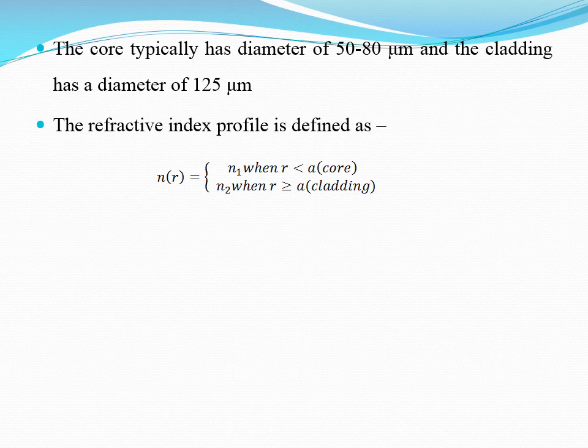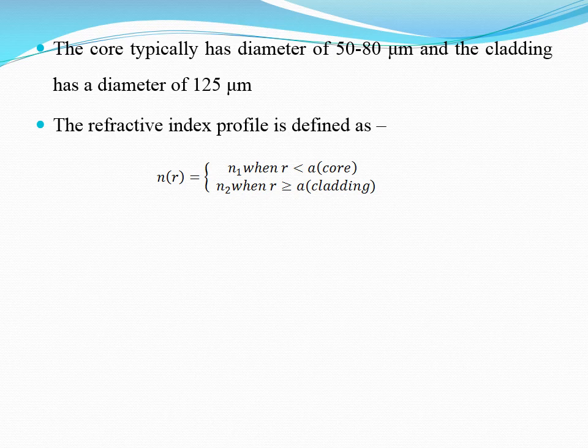And n of r is equal to n2 when r is greater than or equal to a, which is the cladding. It means that it is a radial distance from core to cladding. So this is how we define the step index fiber related to single mode and multi-mode operations.